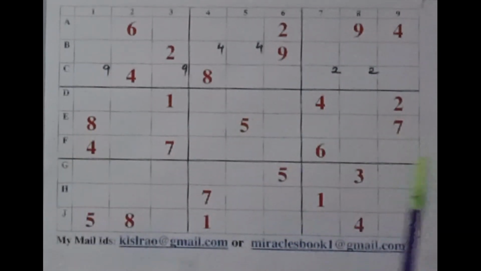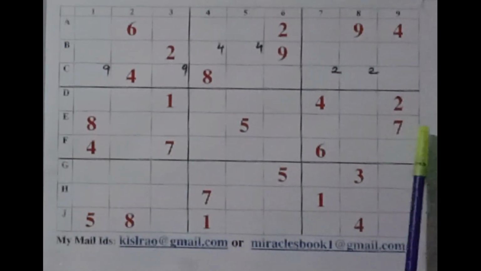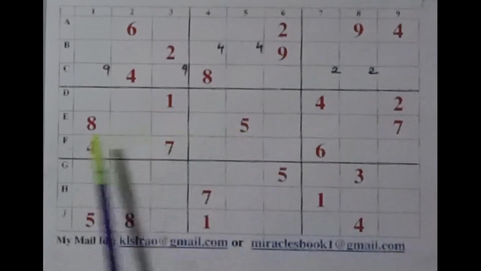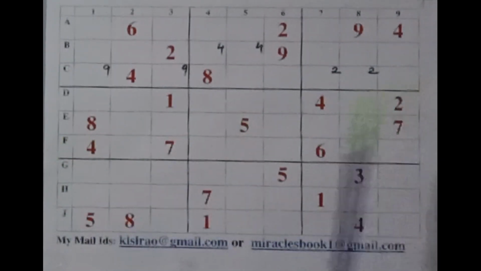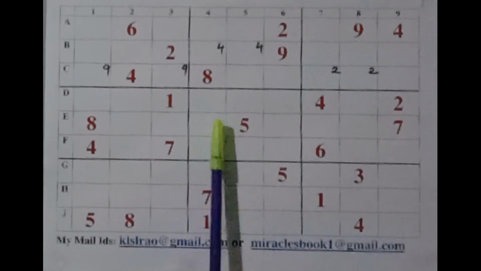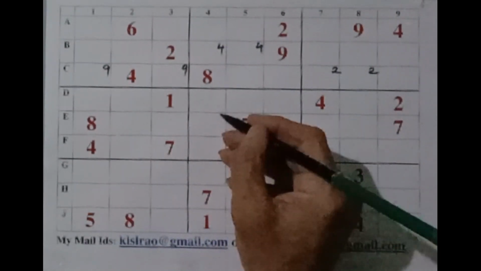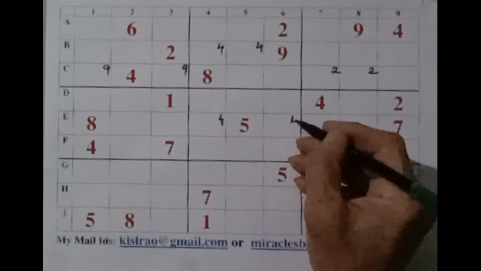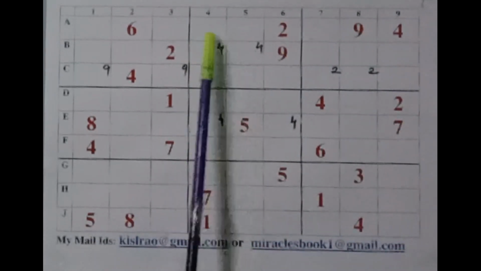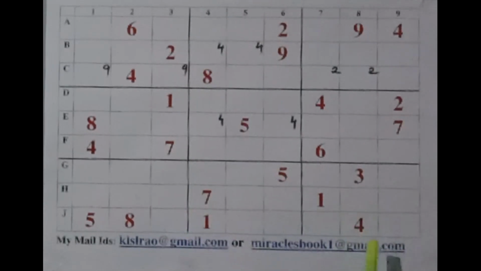Come here. Here number 1 appears once, 2 appears once, 3 is missing, 4 appears 2 times. Similarly, 4 can take this position or this position. One point to note is this 4 and that 4 have no connection at this time, so let us not assume it is a pair.